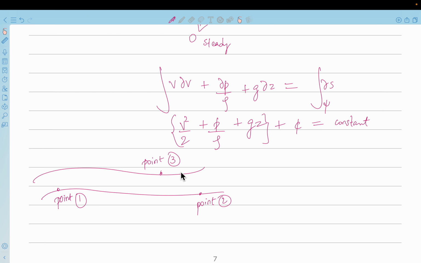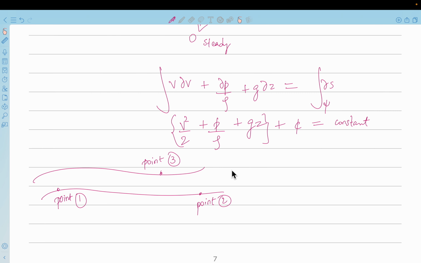Any guesses? Streamline condition. What is streamline condition? On the same plane.